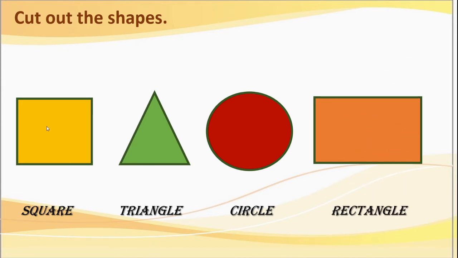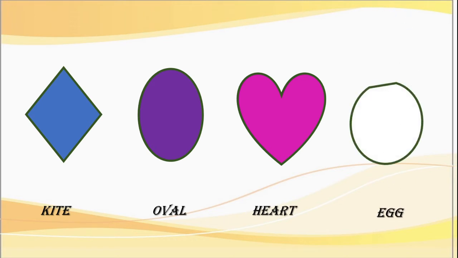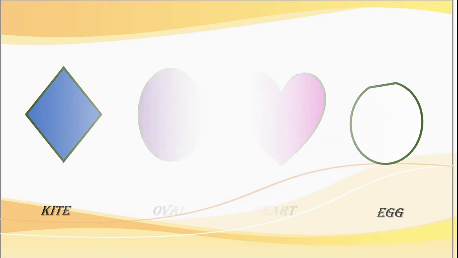Now here we have cut out the shapes from the chart paper. Some more are there. See, this is our kite. Next is oval. Next is heart shape. Here we can see the egg shape. This is cloud, isn't it?